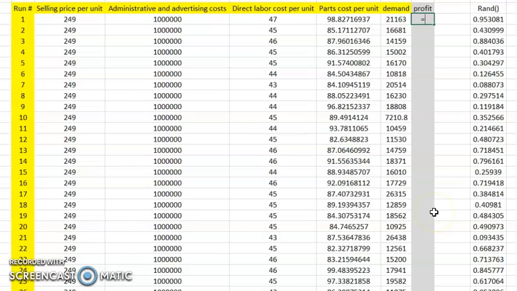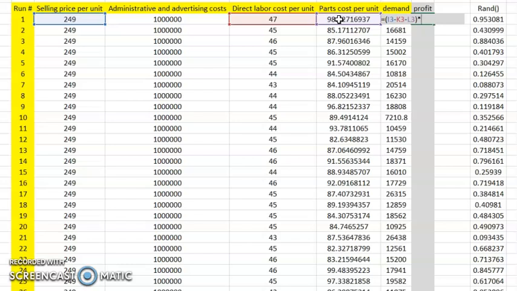For the profit part, equal, because we talked about the formula before, it is equal the price minus direct labor cost minus parts cost, close the parentheses, times the demand, because you are gonna sell that many items.